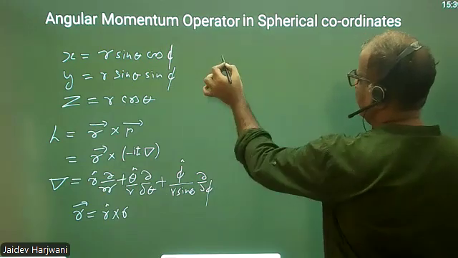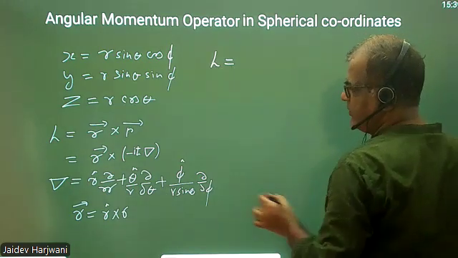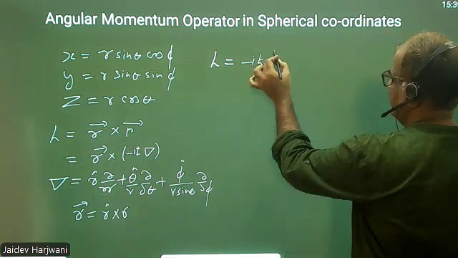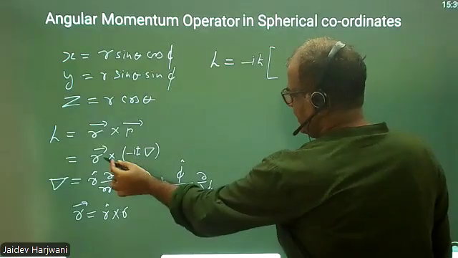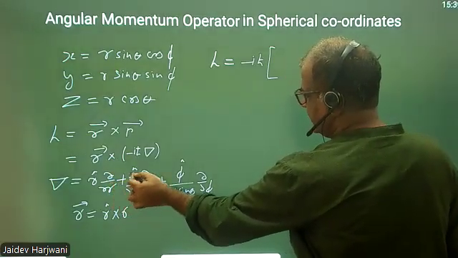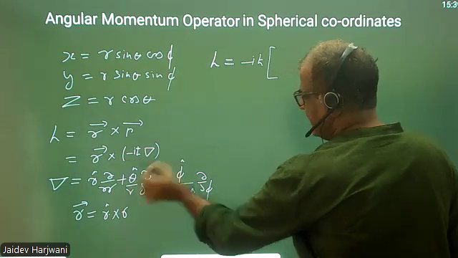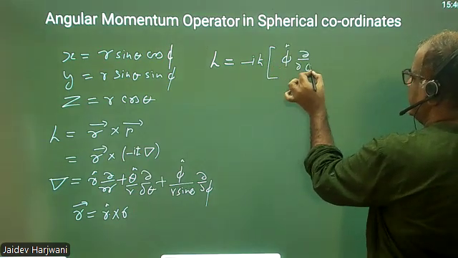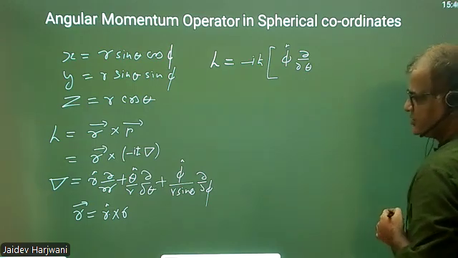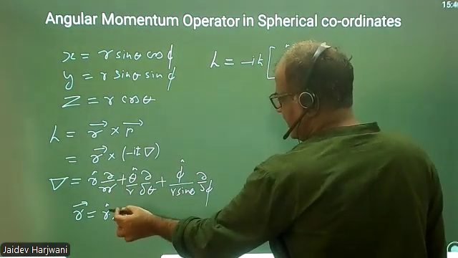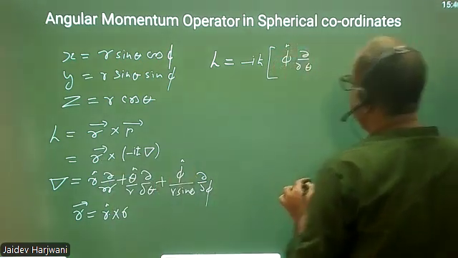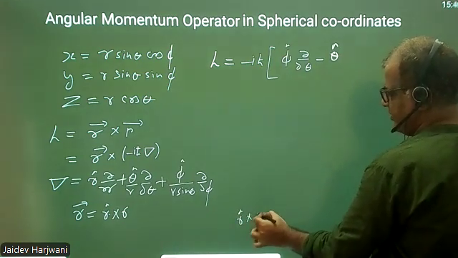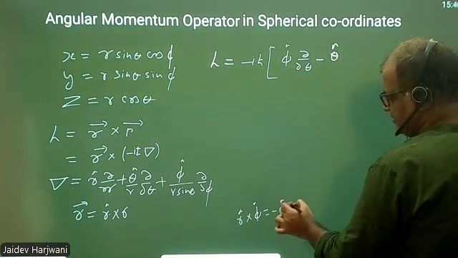So now L = −iħ, and multiplying r with this, the r cancels. r̂ multiplied by θ̂ gives φ̂, and r̂ multiplied by φ̂ gives −θ̂.